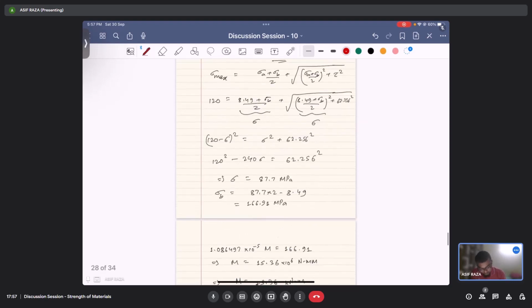Okay, so this comes around 43.85, so sigma would be equal to 79.21 megapascal.